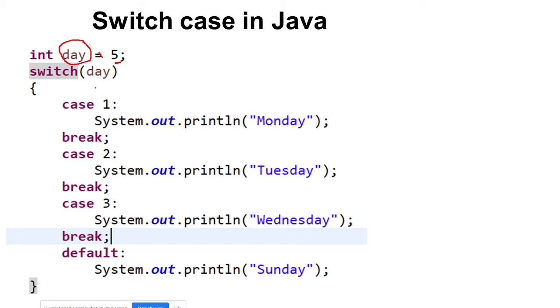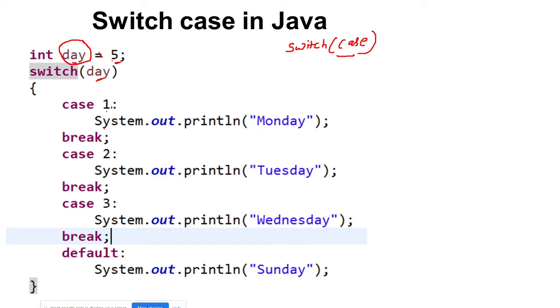So I have declared a variable int day is equal to 5. Then I have passed the variable here, this is the switch, and this is the case. Now the case is actually 1, but you have passed 5 over here.